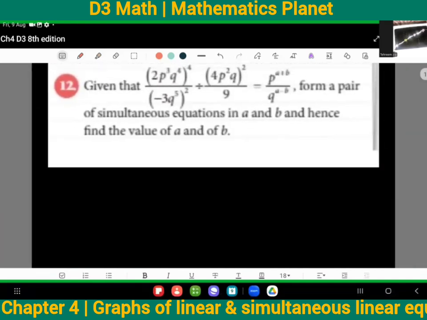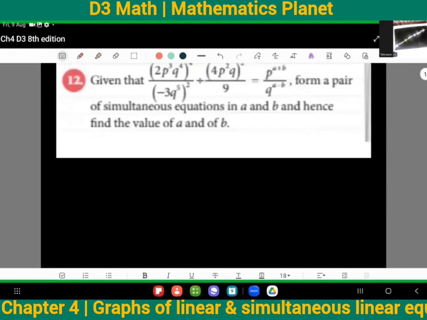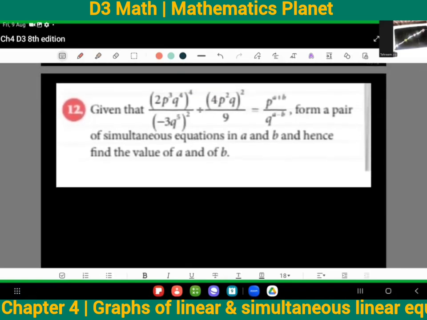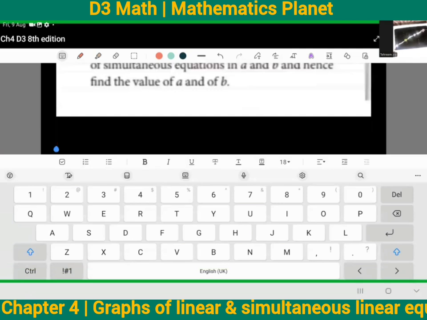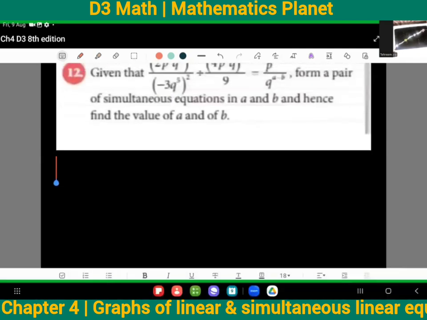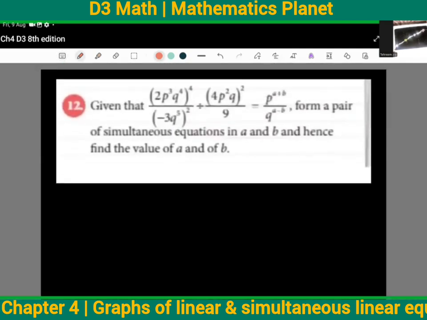Okay. Given that 2p^3 q^4. Okay. So what we are going to do? We are just going to simplify it and then we will find the answers for a and b.